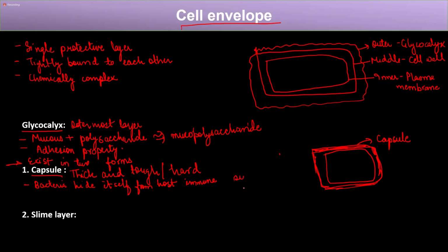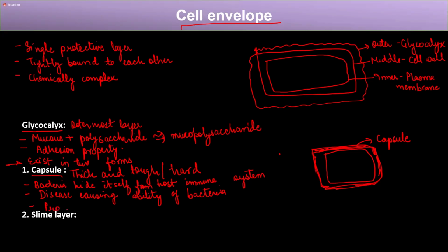Okay. So if it can hide from the host immune system, it will increase its disease causing ability, right? So the capsule also helps in increasing the disease causing ability of bacteria. And thirdly, because it is made of mucus, the capsule provides a sticky or adhesive characteristic to bacteria.